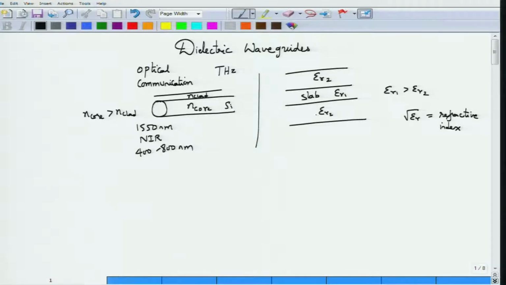So whatever I discussed for the optical fiber holds completely true for these dielectric slab waveguides as well. This is a slab, but the slab is covered with two different refractive index materials, a covering from the bottom as well as from the top. In optical interconnects or photonic devices, these are named differently: the substrate, the film, and the cover. Usually the substrate is quite large, and the film is quite small.